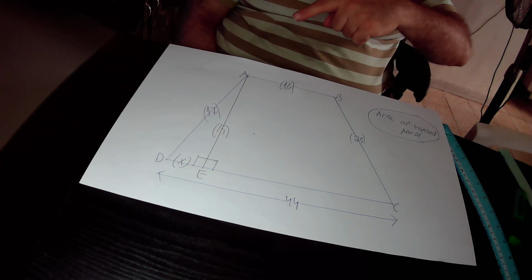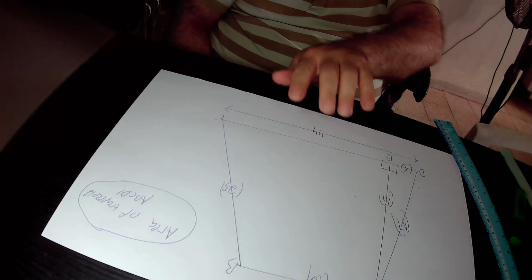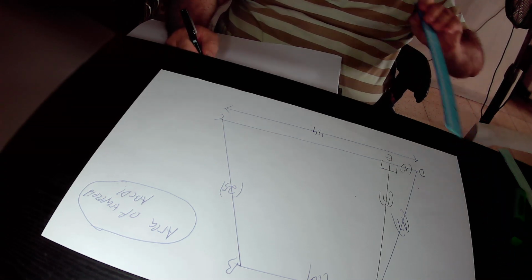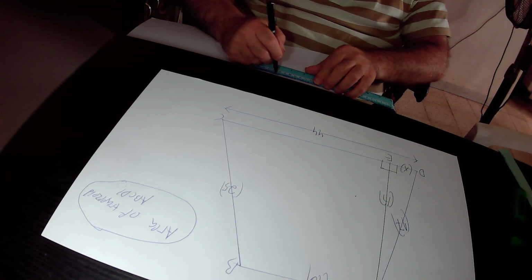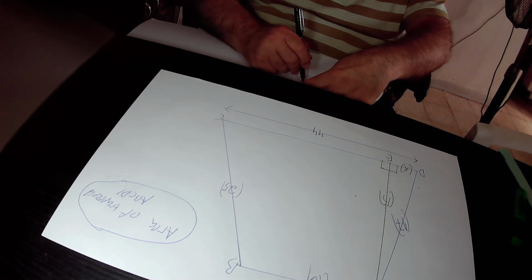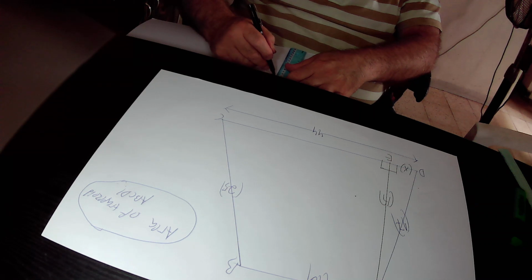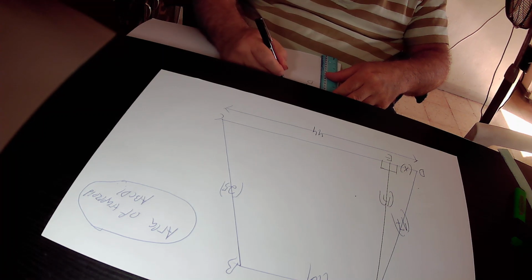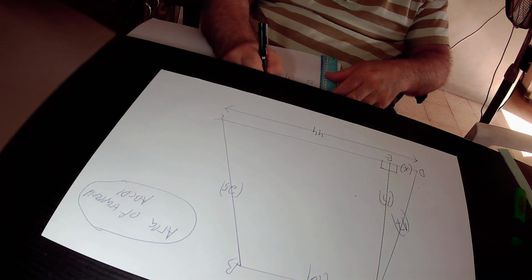In the next step, I will copy the right triangle ADE onto a new page, and we will implement the Pythagoras theorem on this right triangle, triangle ADE. Here PT is short for Pythagoras theorem.